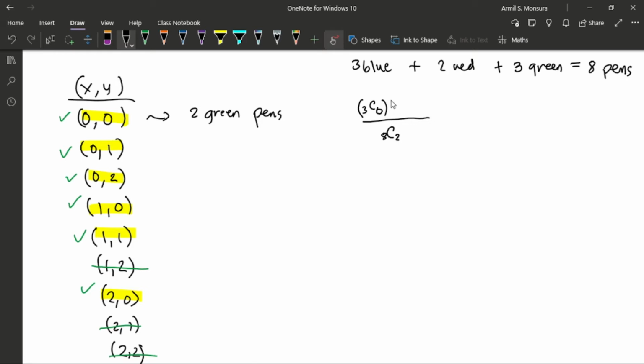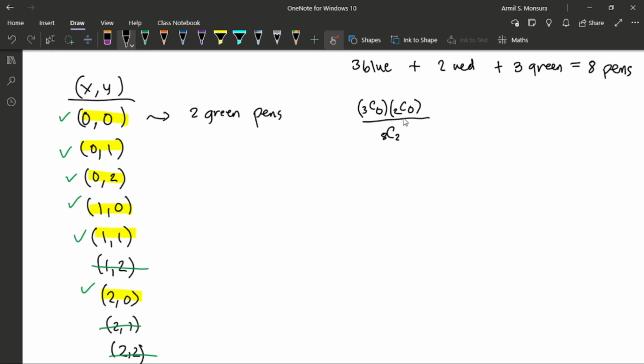Okay? And then we have to multiply that to the number of ways that we will have to select red pens out of 2 red pens that we have. Okay? So since here we will be selecting 0 red pens, we will have to compute that by using the expression 2 combination 0.